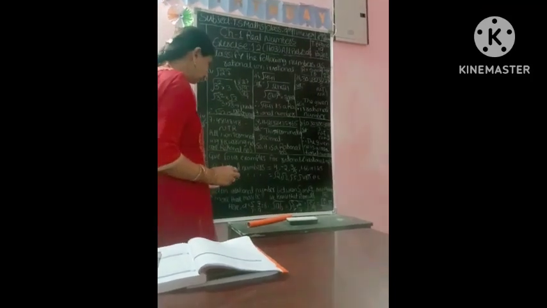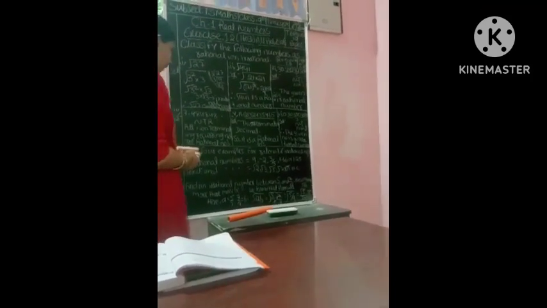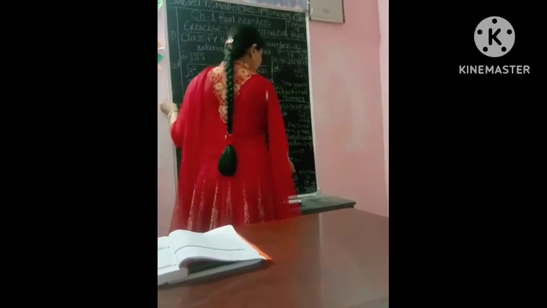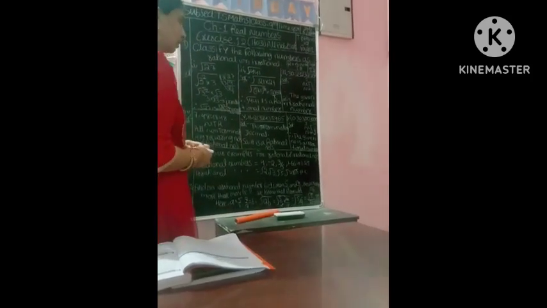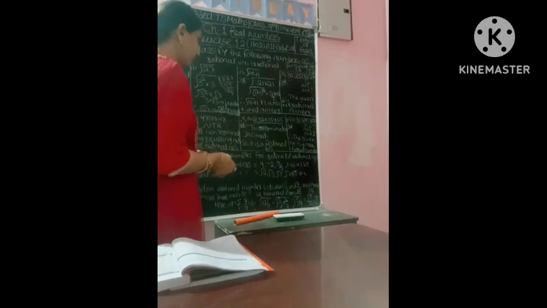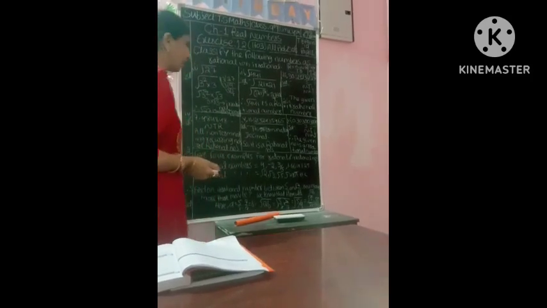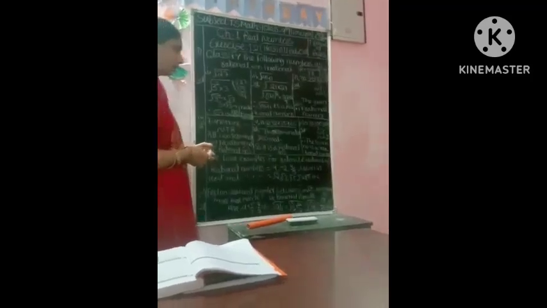This is the one short method to find an irrational number between these two. What's the irrational number? Root 5 by 3. Is it rational or irrational? Irrational. That is the irrational number between these two numbers. It's over. How many more there may be? So many.